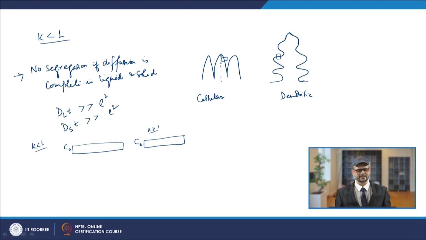Now, the second case is where segregation will be worst. If you have no diffusion in the solid, no solid diffusion, and complete liquid diffusion, the segregation will be affected and will be worst in those cases.